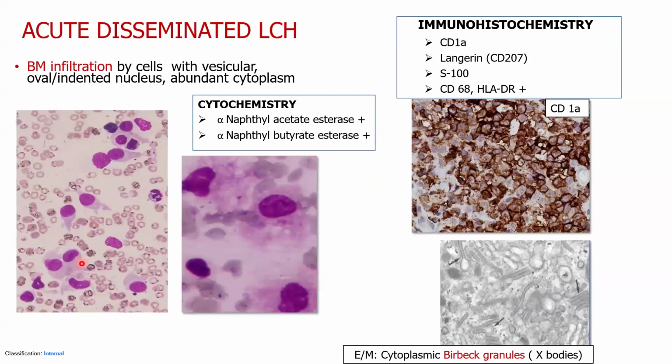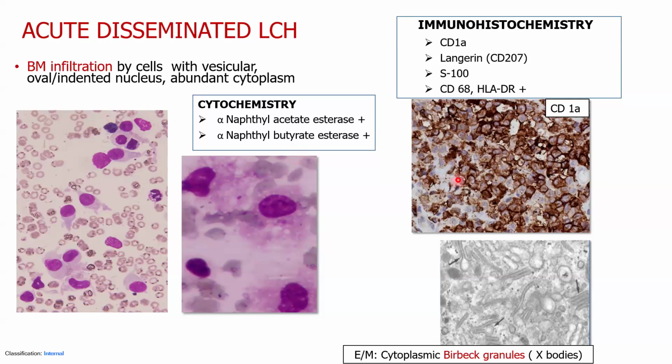What we come across are these Langerhans cells in the bone marrow aspirate with vesicular, oval, indented nucleus and abundant cytoplasm, and the same can be present in the biopsy also. Cytochemistry can be done, and they are alpha naphthyl acetate esterase and alpha naphthyl butyrate esterase positive.